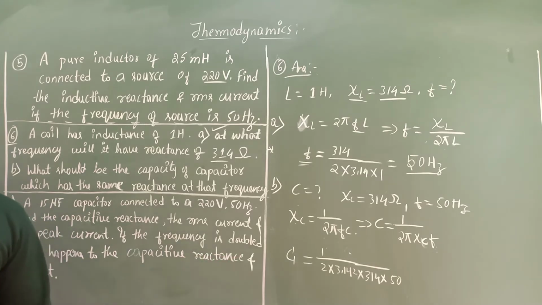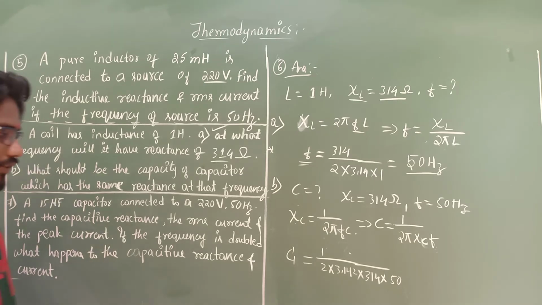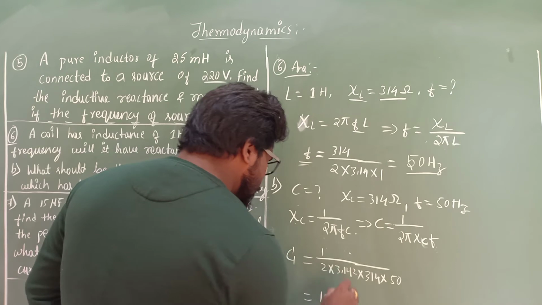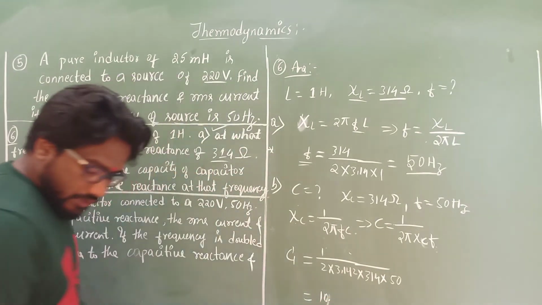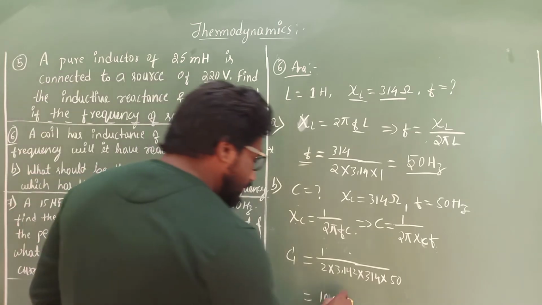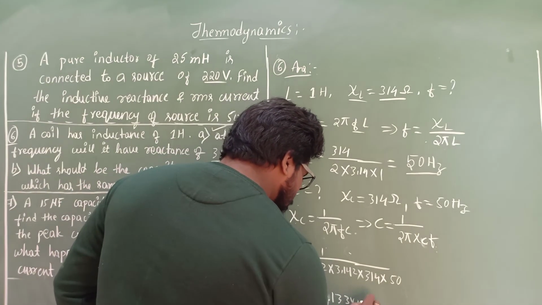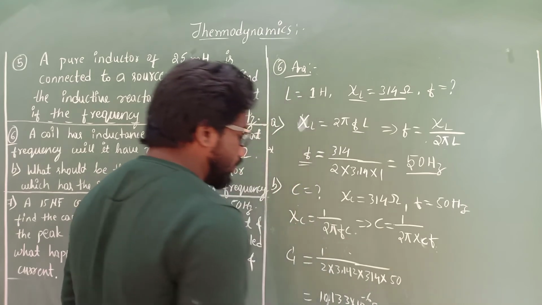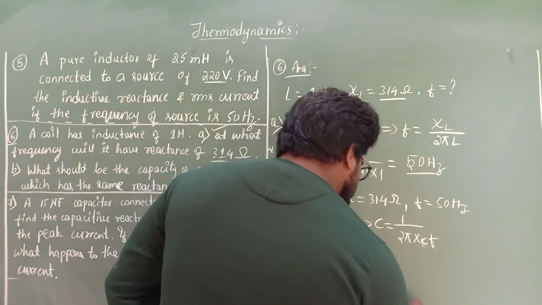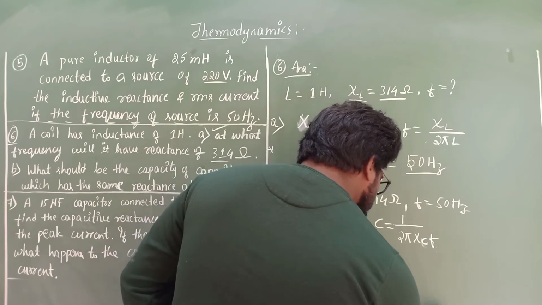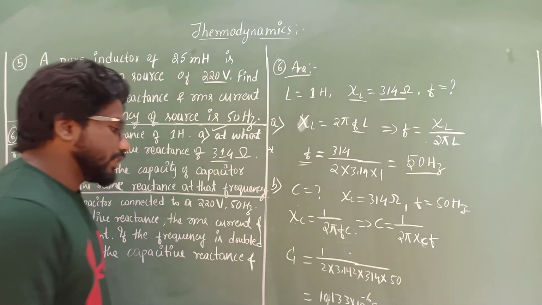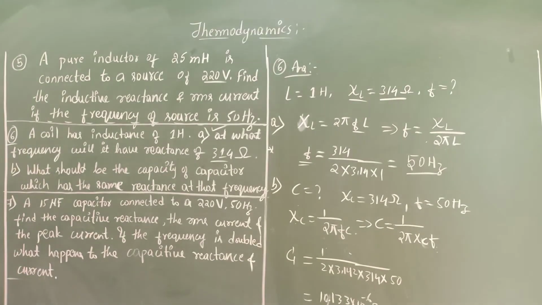When you simplify, you will get the result as 10.133 into 10 power minus 6 farad, or you can write it as 10.13 microfarad. So this will be the answer for the second question.